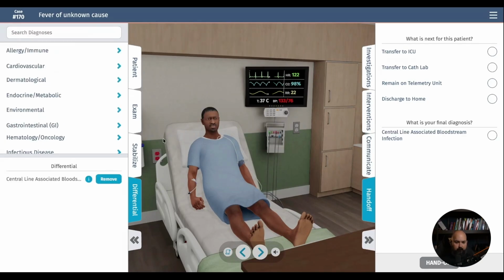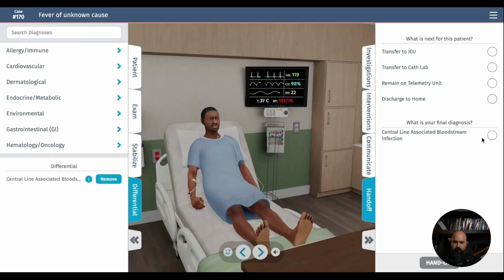Central line associated bloodstream infection. So I'm not seeing any signs of septic shock, which is good. There are signs of potentially what we're going to diagnose as a central line associated bloodstream infection. We've gotten those blood cultures. As far as I can tell, there's no way to check the tip of the catheter.